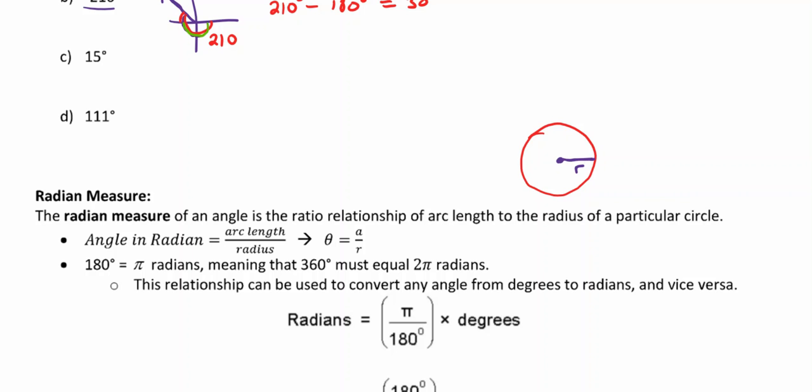Now, when I say something measures 1 radian, what do I mean? What I mean is that if I took the length of that radius, and started from here, as if it was string that I could bend, so that radius was laid on top of the arc, that would also be 1 radius long.